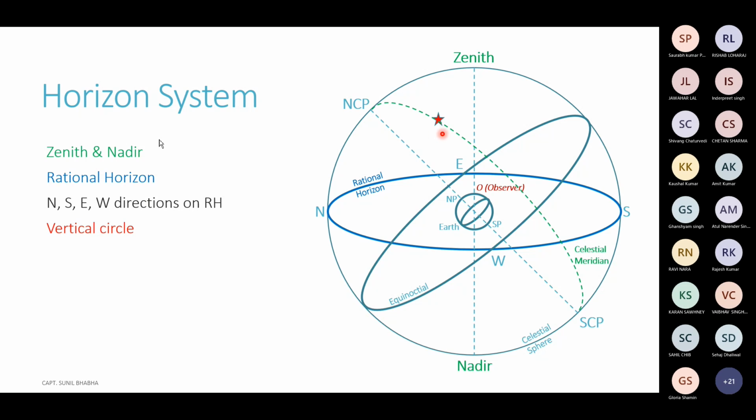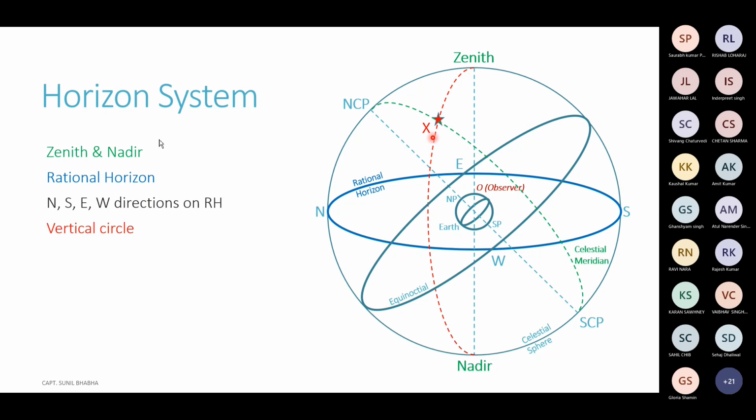Now, to represent the vertical circle of this particular body, let me show you in the diagram. Let's mark this body as X. So we have the celestial body, the red color star which you see, labeled as X. Now let me draw the vertical circle passing through this particular celestial body.